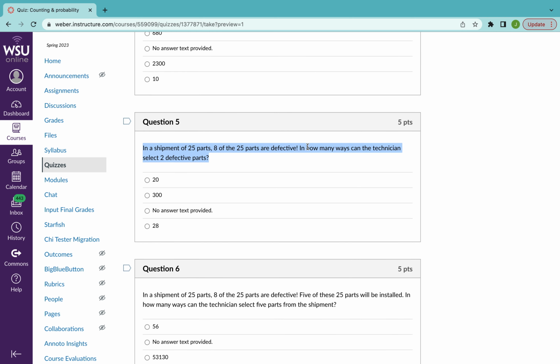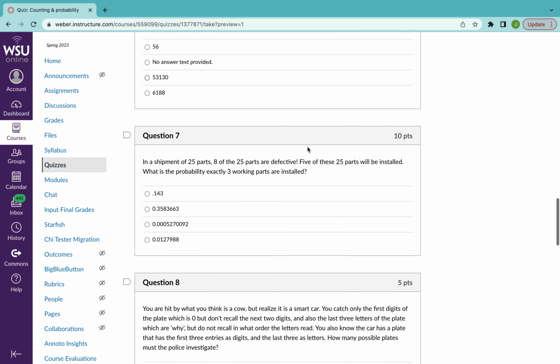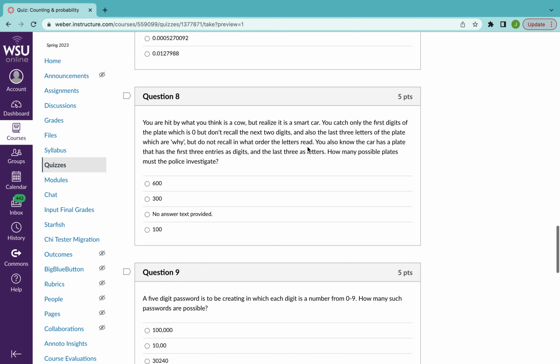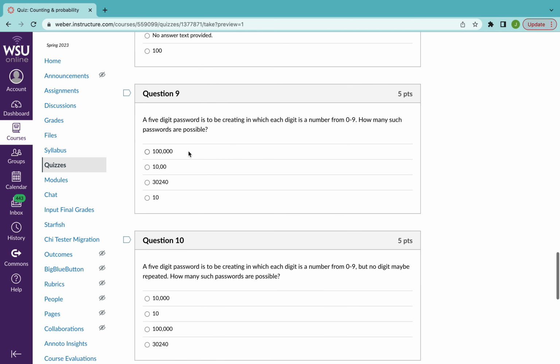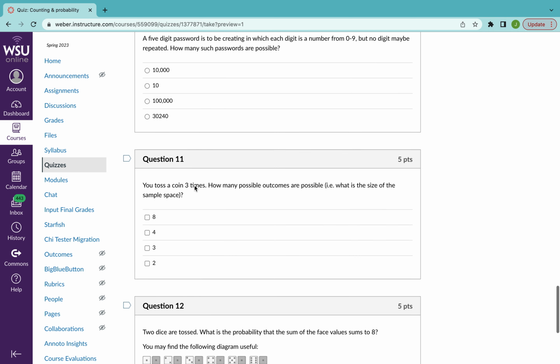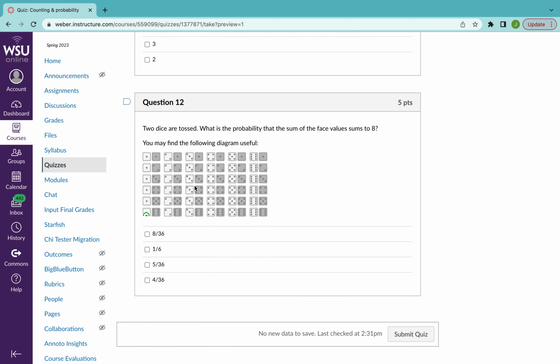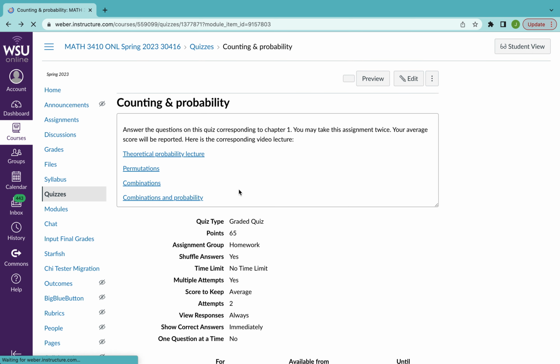Another question that's related, but a slightly different question to the same scenario. More questions about ways things can happen, questions about passwords, etc. Okay, questions about dice or ways that things can happen. Okay, so that was week 2.